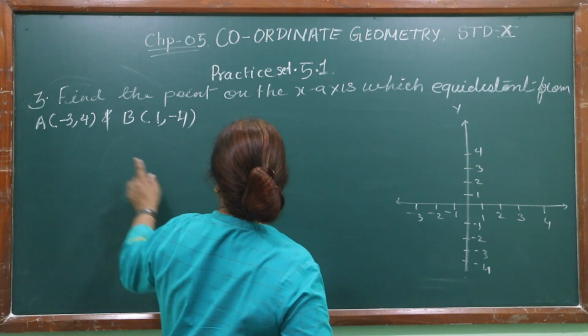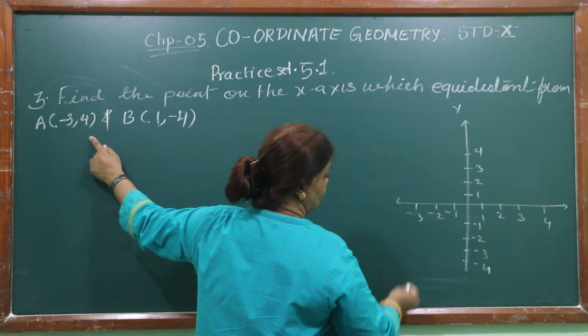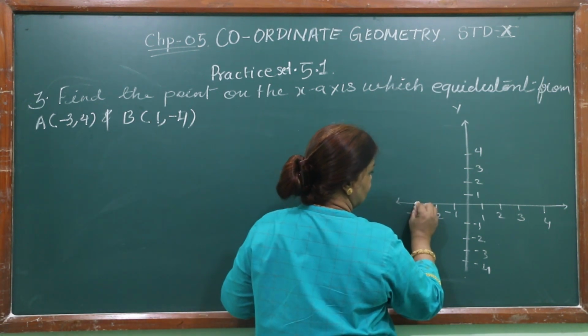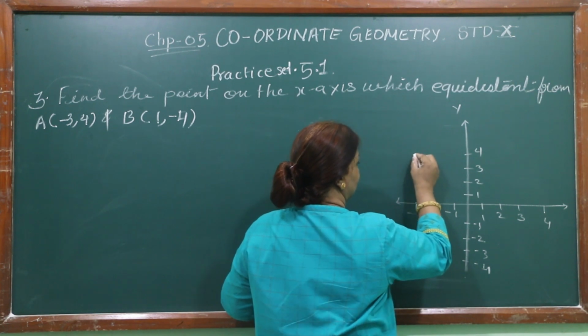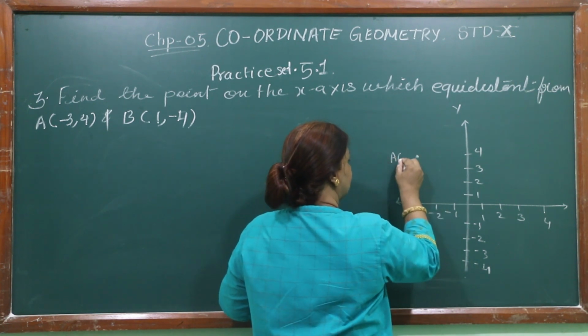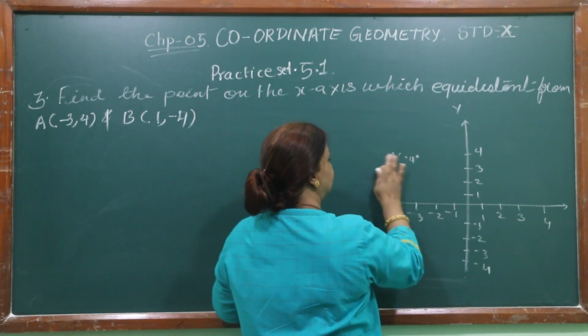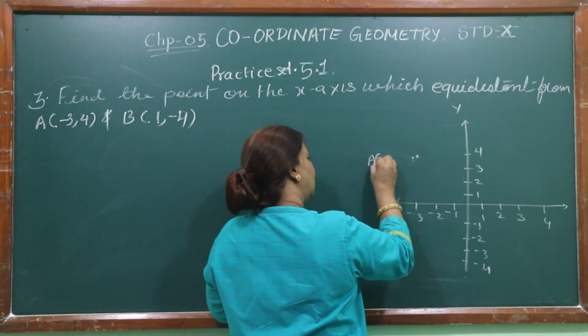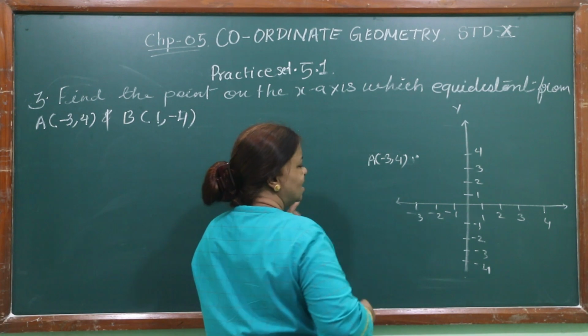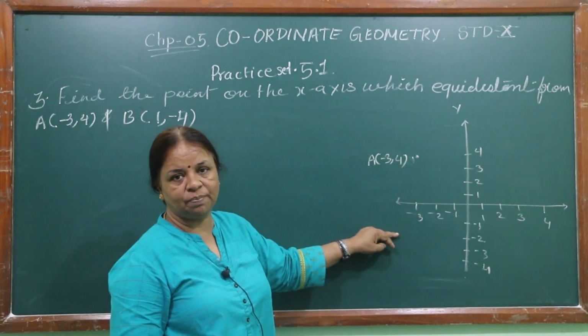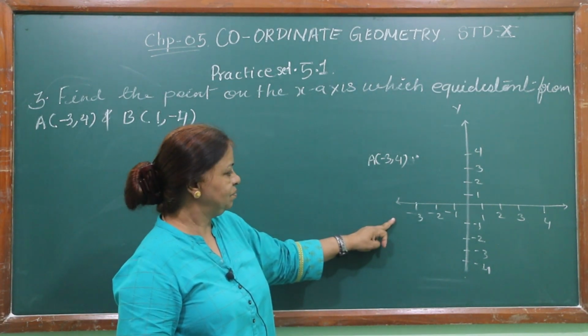So point A is (minus 3, 4). Minus 3 on the x-axis and 4 on the y-axis means somewhere here. Let me write it here: A (minus 3, 4). This is not part of the sum. I am just explaining so that you understand.